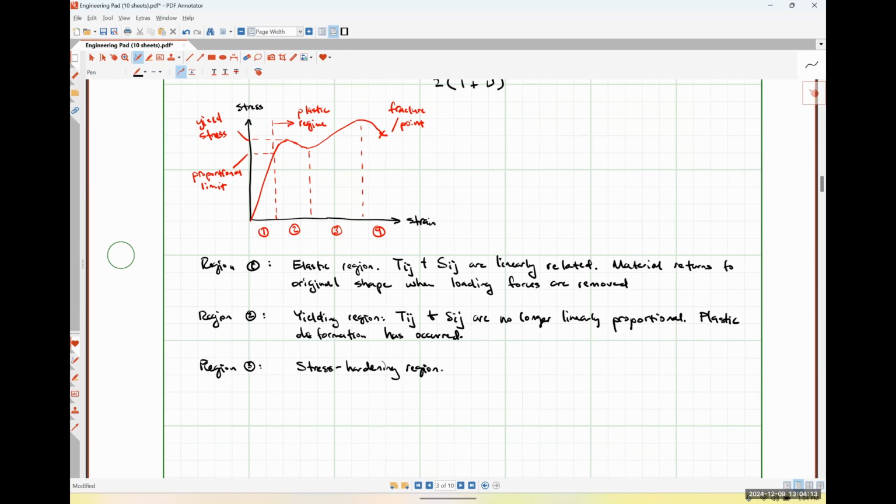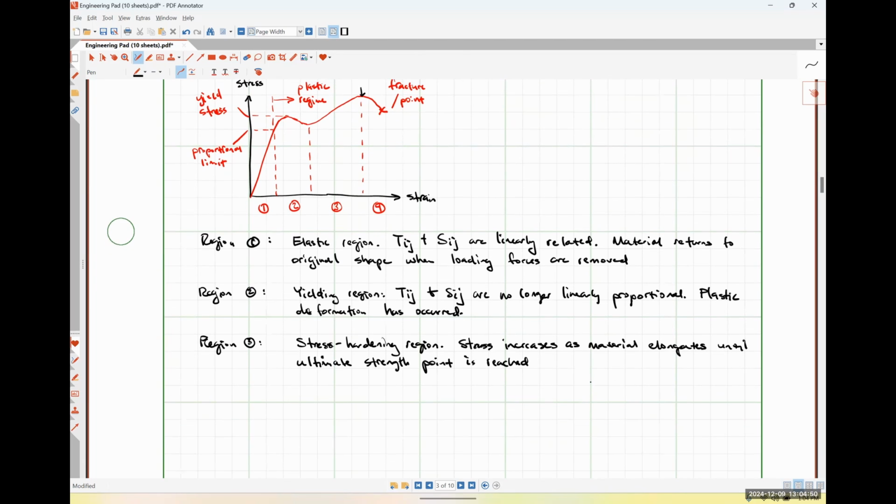So stress increases as the material elongates until the ultimate strength point is reached. That's where we're at our maximum right here.